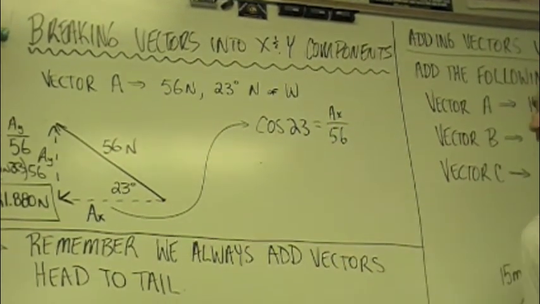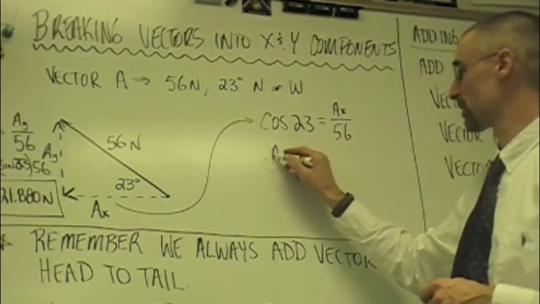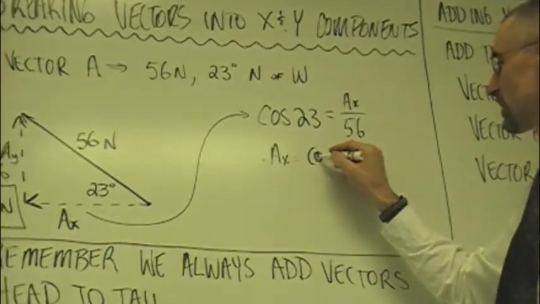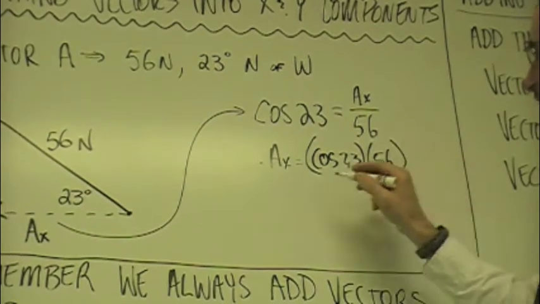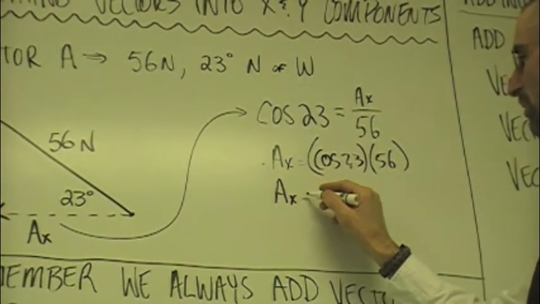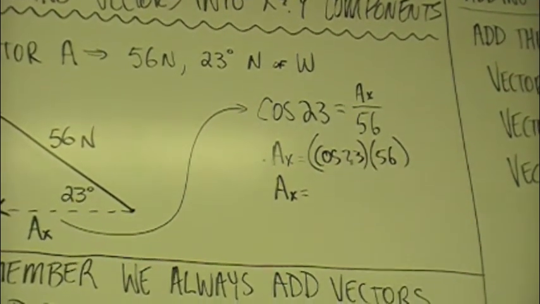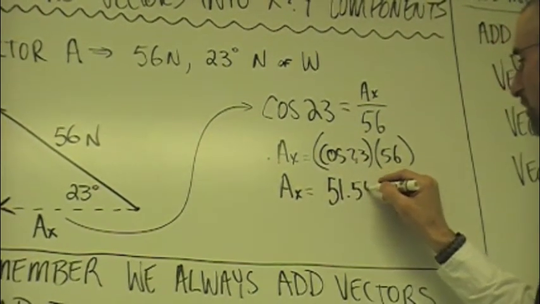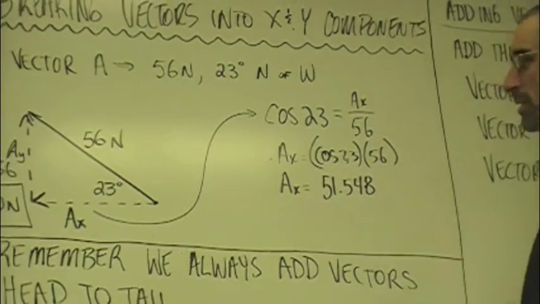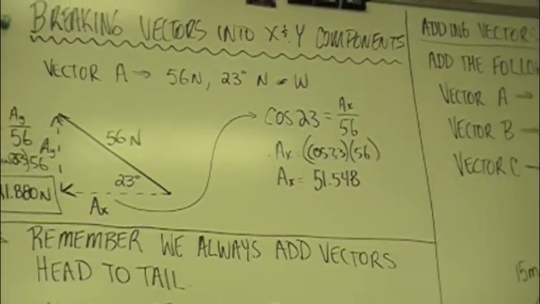Now, when we solve that, we would come up with AX equals cosine 23 times 56. And hopefully somebody on their calculator could throw that at me. 51.548. Okay, we got some agreement on that?